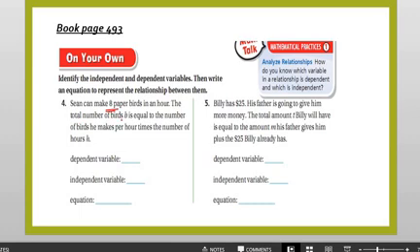The total number of birds, B, is equal to the number of birds he makes per hour times, this means multiplication, the number of hours he's working. So what's the dependent variable? The dependent variable is the total amount of birds that he can make, B.